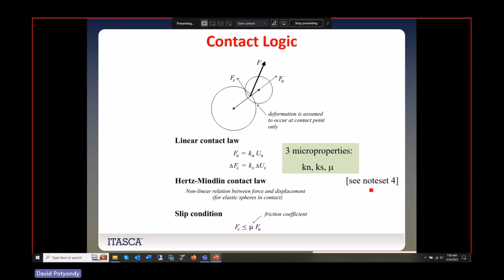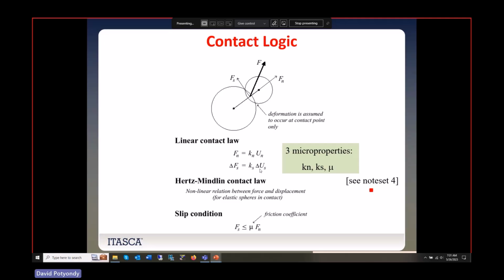Here's another way of talking about the same system. The 2 discs, there's the force. I'm only showing the force acting on the top one. Break it into a normal and a shear. Normal is related to the normal displacement by Kn. In our system, we were doing a delta Fn and a delta Un. You could do it either way. Here now is the increment of shear force.